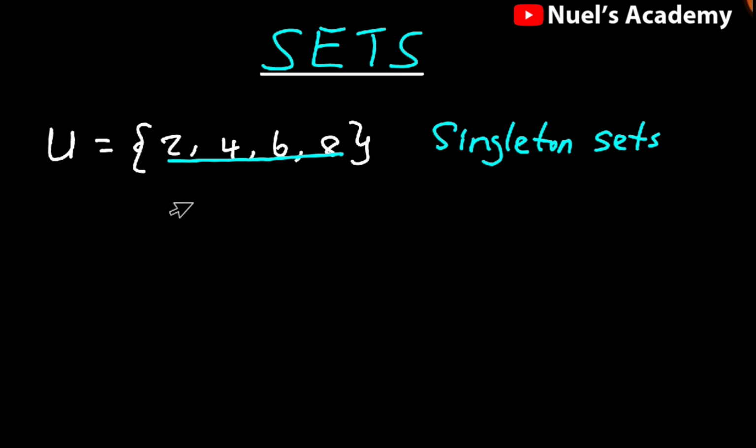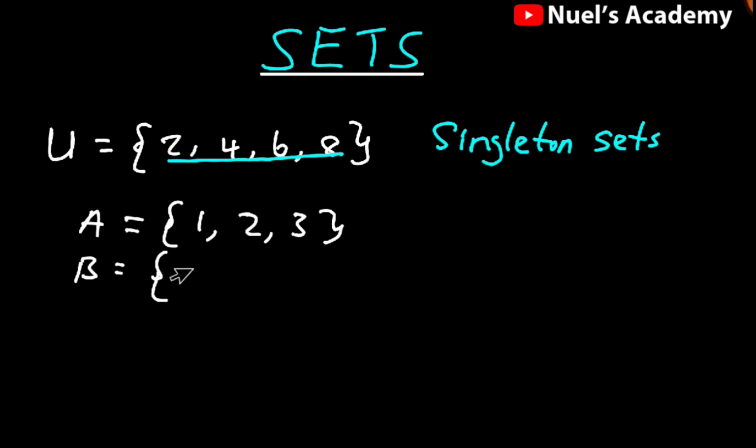Now let's discuss union of sets. Assuming you have A equals 1, 2, and 3, and B is made up of the following elements: 2, 4, and 6. Union of sets is denoted by U. So A union B is going to be equal to, we combine the elements of set A and set B without repeating any one.